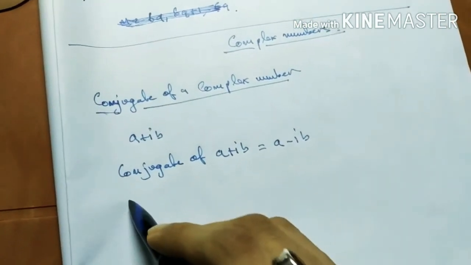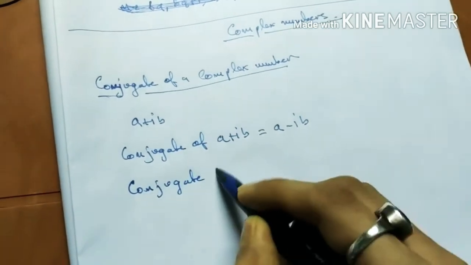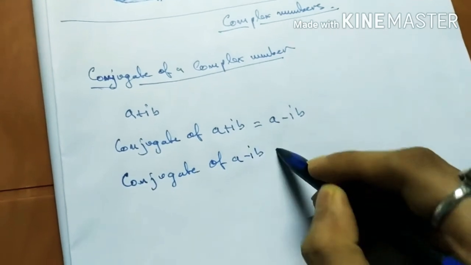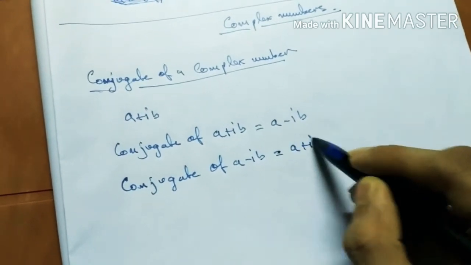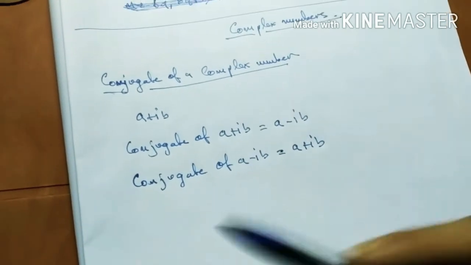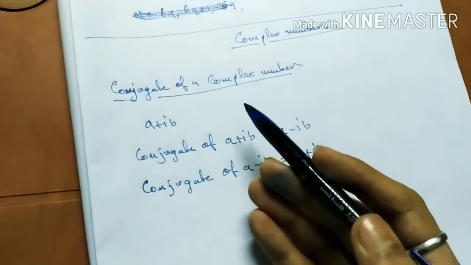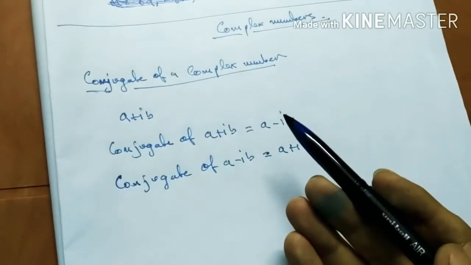And similarly if I say that conjugate of a minus ib, it will be a plus ib. Just the middle sign here, this sign I will have to change. If the complex number is a plus ib, its conjugate will be a minus ib.